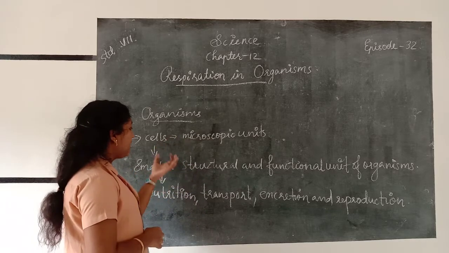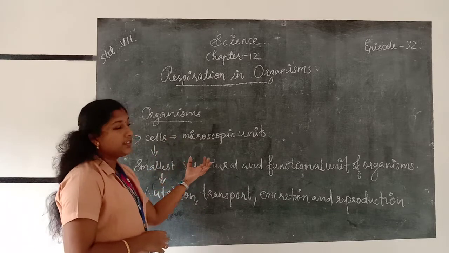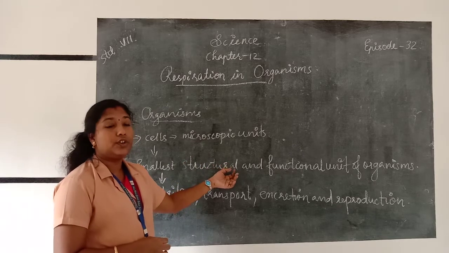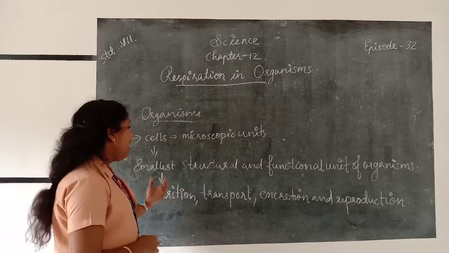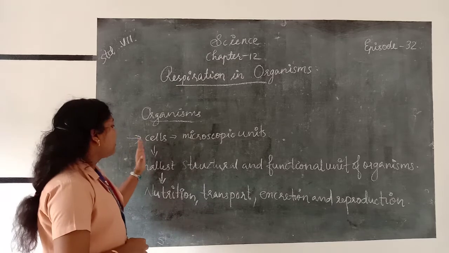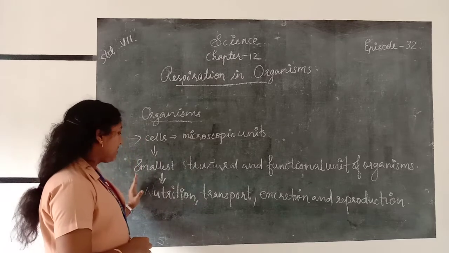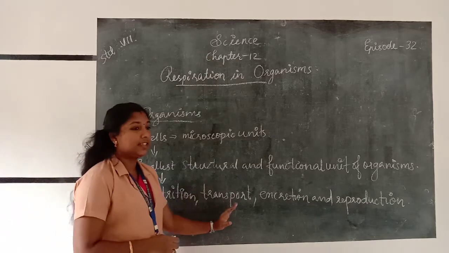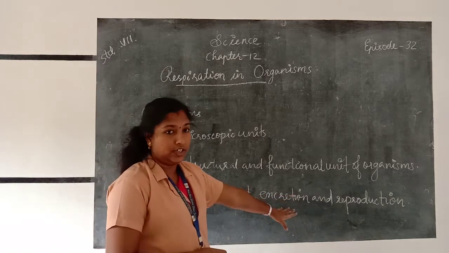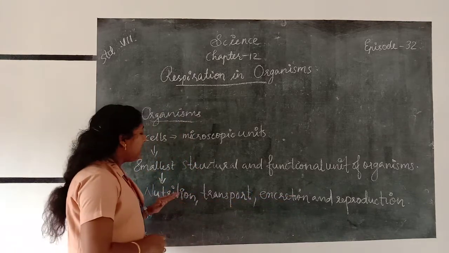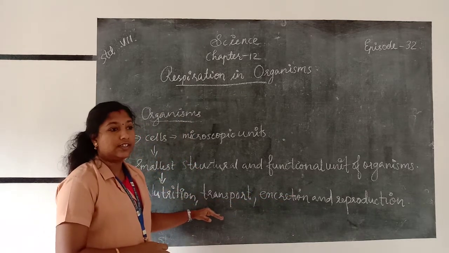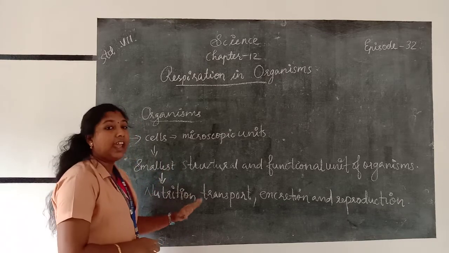Each cell is the smallest structural and functional unit of organisms. These cells have certain functions like nutrition, transport, excretion and reproduction. For performing these functions, each cell needs energy.